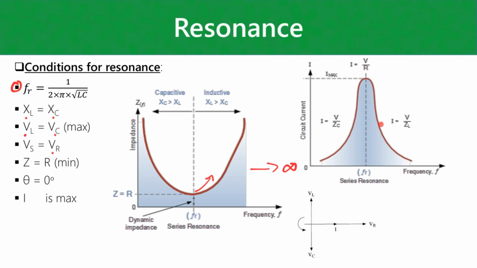Now, what the current response looks like. As the frequency increases towards the resonant frequency, the current is also going to increase, and then you get a maximum current there. Then as the frequency increases past the resonant frequency, the current decreases as well. I don't know if you guys went and read through chapter 3 with the filters, but you'll notice we're sitting here with something of a bandpass filter.